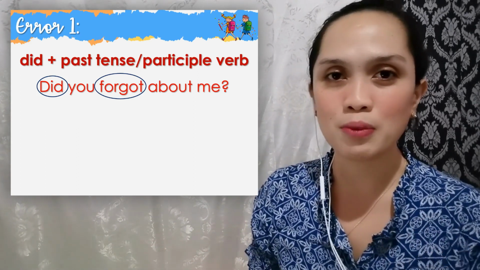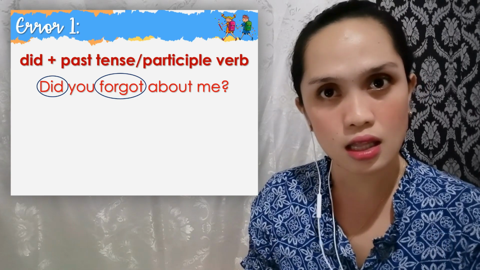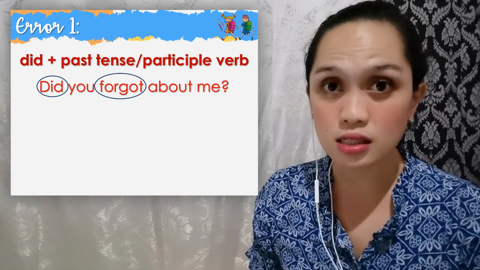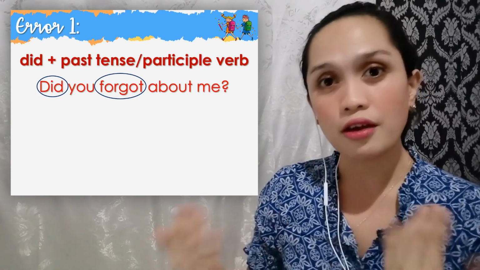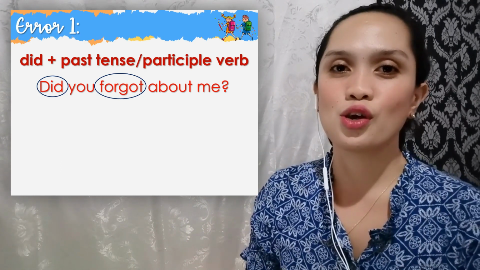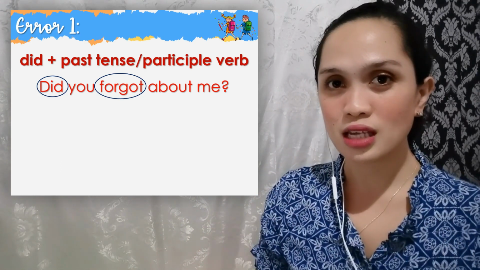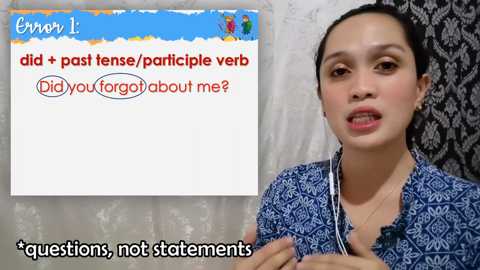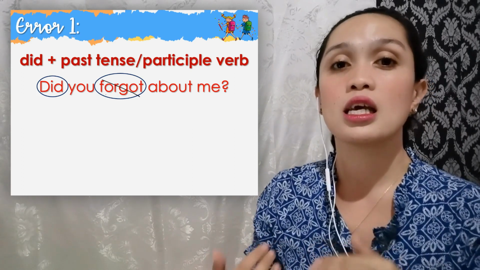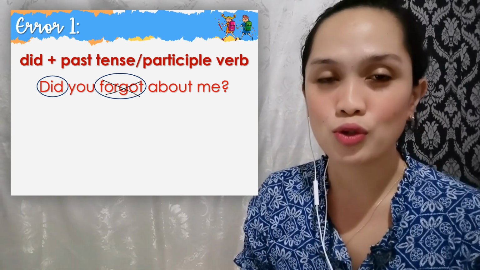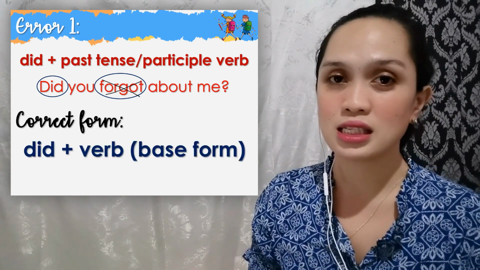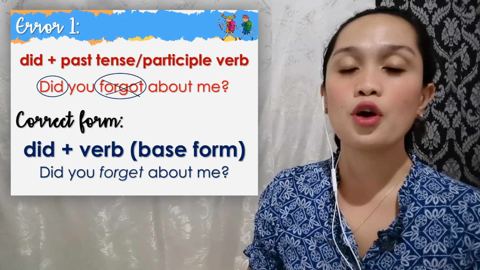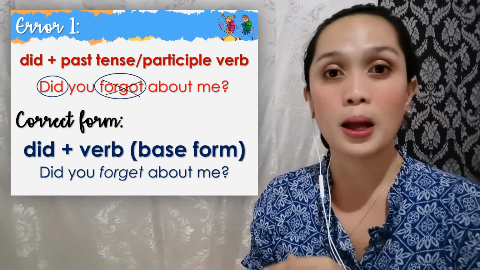So we often hear people say, did you did this? Did you ate dinner? Did you left something? So those are erroneous statements because, again, did should be accompanied by a main verb in its base form. So the correct way of saying this should be, did you forget about me?